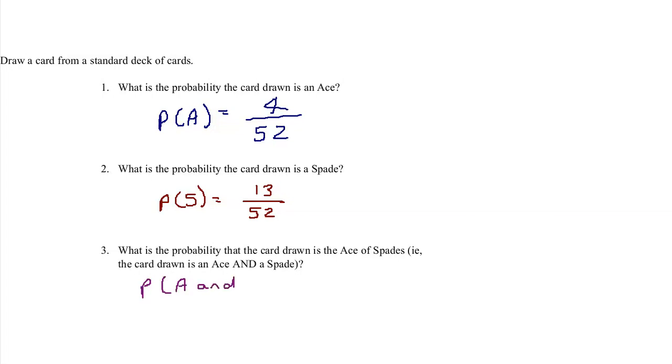Well, how many cards in the deck of 52 are the ace of spades? Well, there's just one. But we could have also gotten that by taking the probability of an ace, which is 4 out of 52, times the probability of getting a spade, which is 13 out of 52.